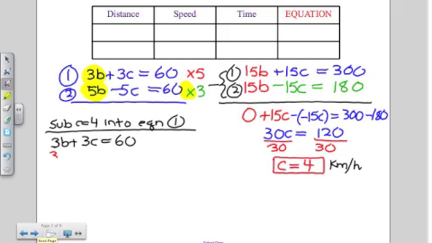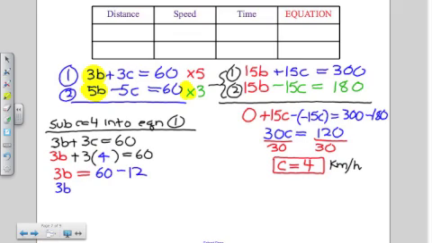So 3b plus 3 times, I do know that my c is equal to 4, and everything is equal to 60. So 3b is going to be equal to, 3 times 4 is 12, and when we bring it over to the other side, it becomes negative 12.